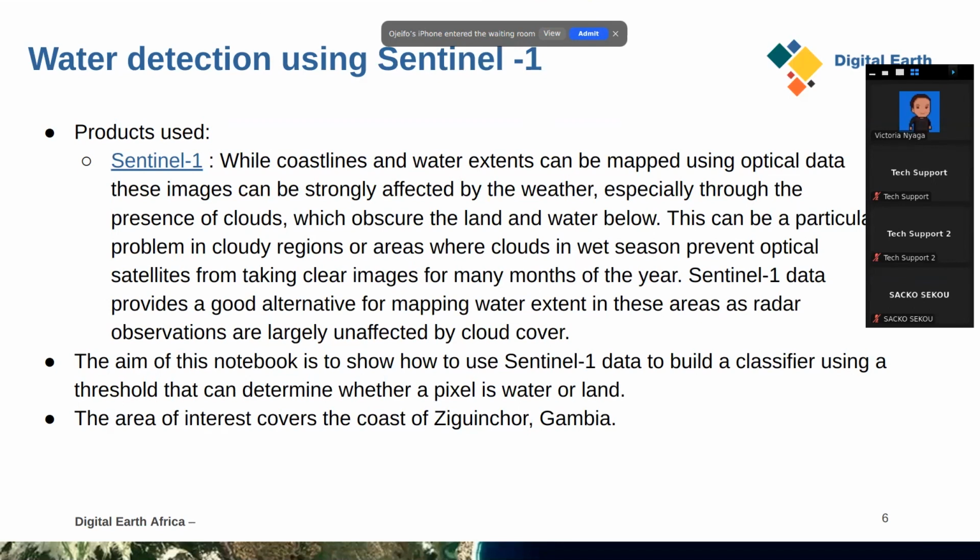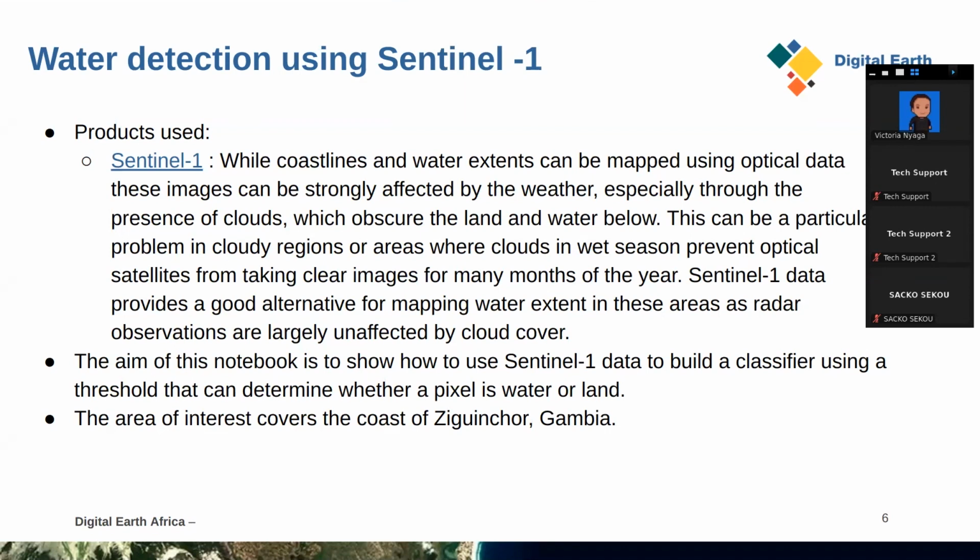So to address this problem, especially in tropical areas where we have large swaths of land which experience cloudy conditions, we can use Sentinel-1 data as a good alternative for mapping water extent, as radar data is largely unaffected by cloud cover.